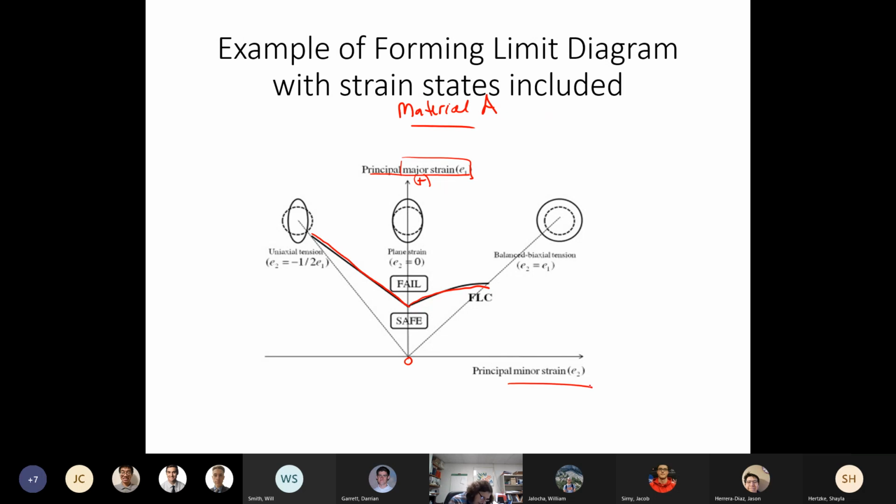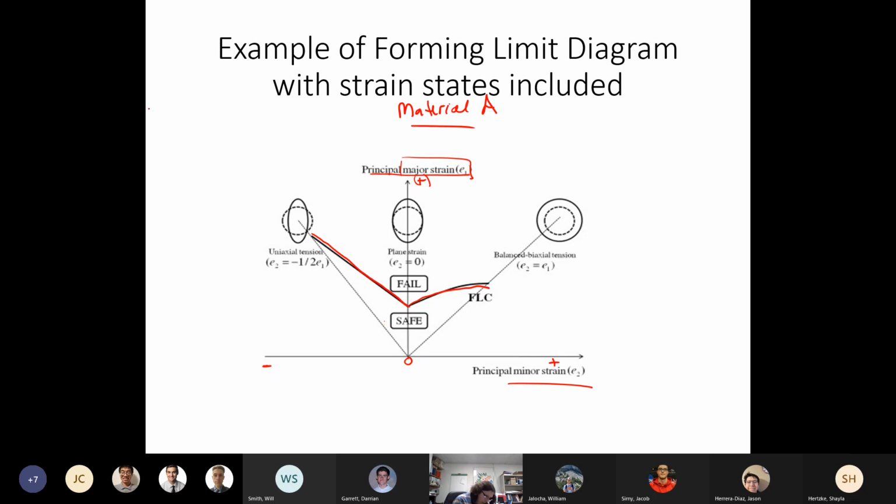Here we have minor strain. This is negative. This is positive. Anything that is above the line has failed. Anything below the line is safe.